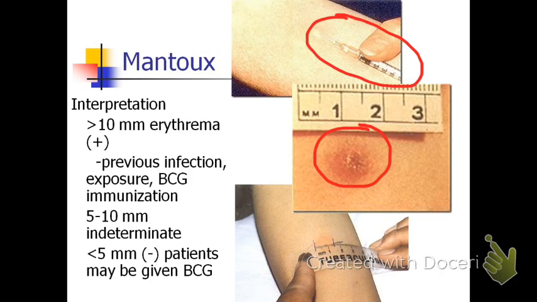Less than 5 millimeters means that it is a negative result, thus the patient has not yet been exposed to tuberculosis. Because once you get a positive result, it means that you had previous infection, or you had been exposed to tuberculosis, or you just underwent BCG immunization. 5 to 10 millimeters is indeterminate, so you cannot make a conclusion out of this result.